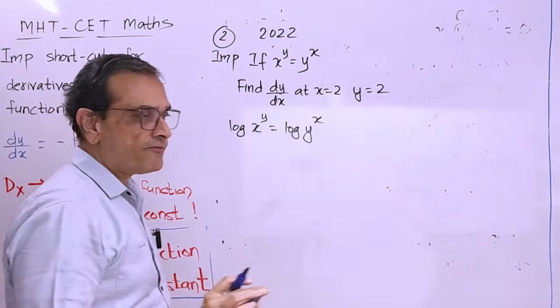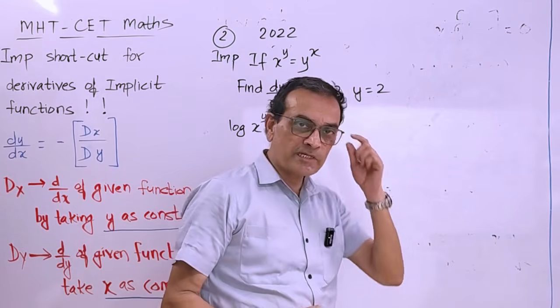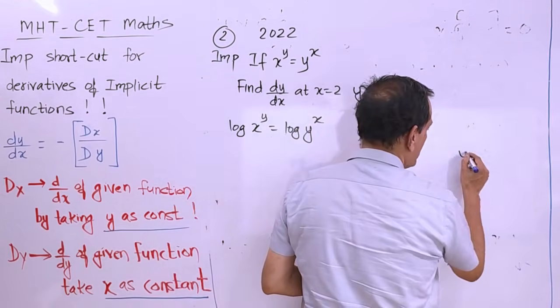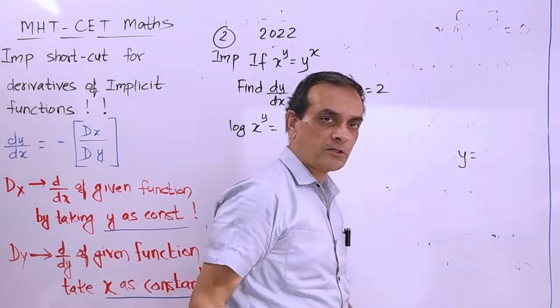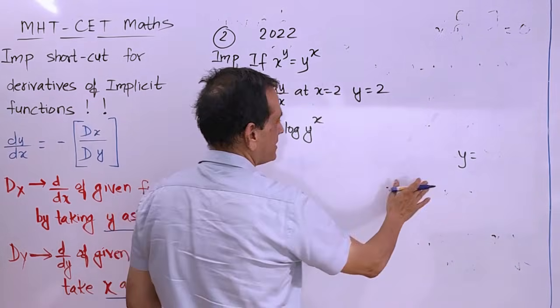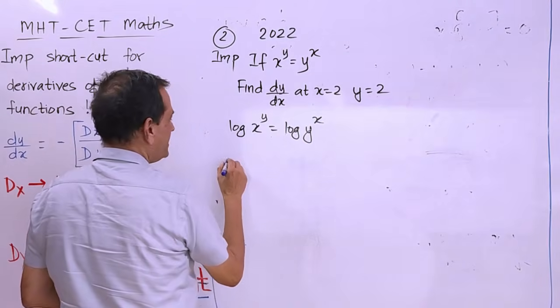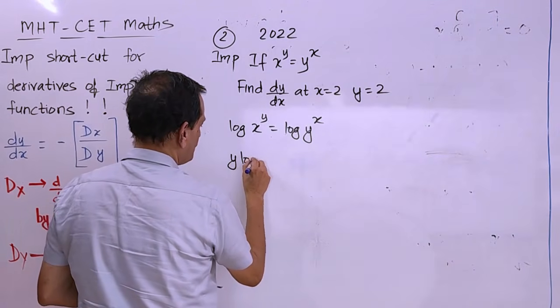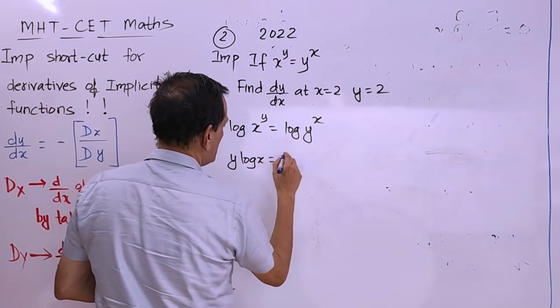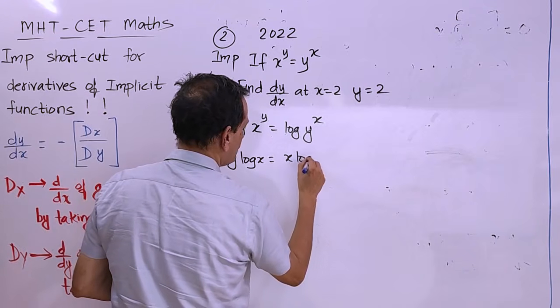Yesterday that shortcut for f(x) raised to g(x) was only for explicit functions, that is, if y equal to sin x raised to x comes, then that formula applies, we are not using it here. So take y in front, take x in front.